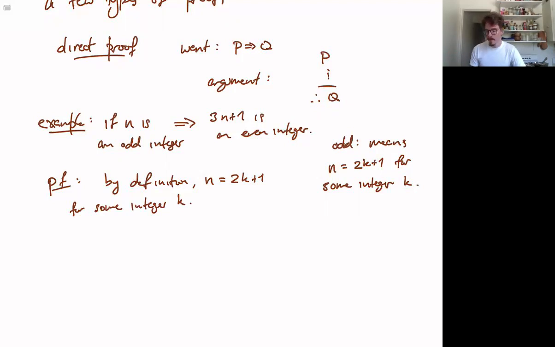Then if we just do some arithmetic, 3n plus 1, substitute that in, is 3 times (2k plus 1) plus 1, which if you work it out is 6k plus 3 plus 1, which is 6k plus 4.